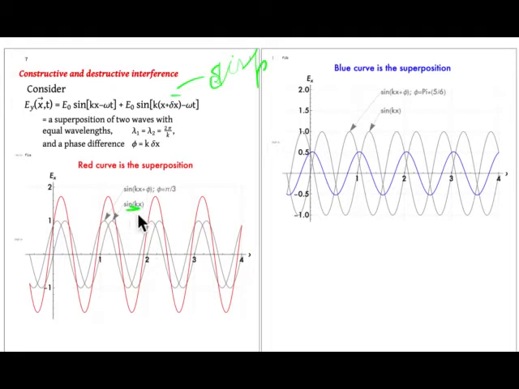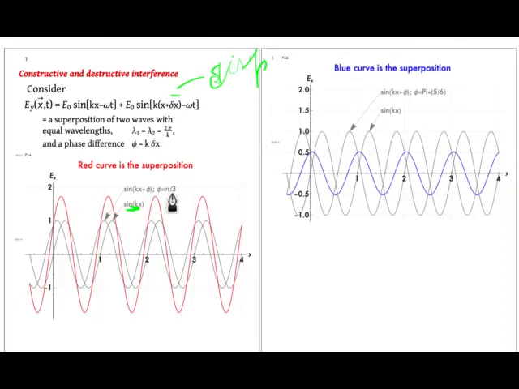It's this wave. You see, at x equals 0, it's 0. And then it oscillates sinusoidally. Now what about sine kx plus phi? I've shifted the wave by some amount k delta x.